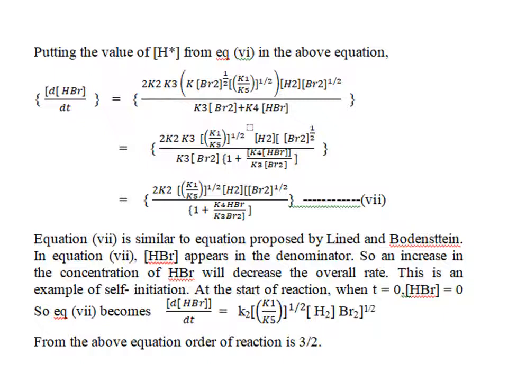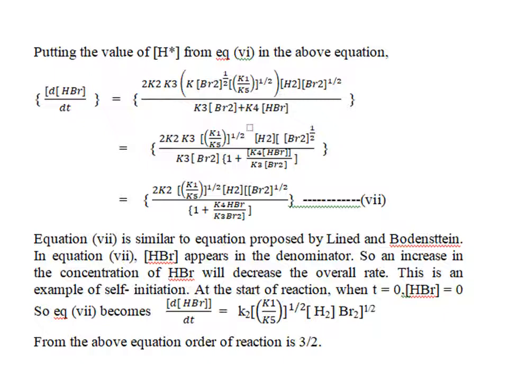The equation 7 is similar to the equation proposed by Lind and Bodenstein. In equation 7, HBr appears in the denominator, and so an increase in the concentration of HBr will decrease the overall rate.